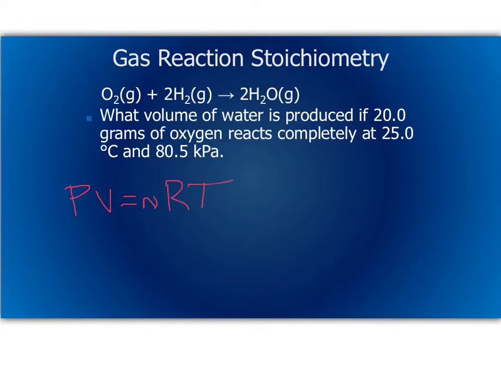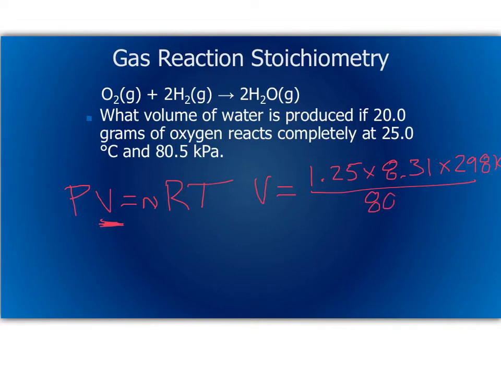We're trying to calculate the volume again. So V equals, and let's put P on the top. Let's put all the things in. So it's 1.25, and then that's times 8.3, where we'll worry about the units in a second. And then it's 25 degrees C, which is 298 K. All right, and that's going to be divided by 80.5.